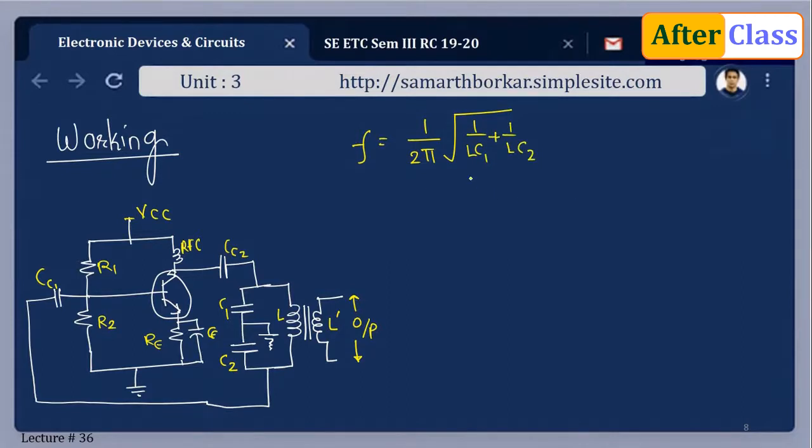Now the oscillations across capacitor C2 are applied to the base emitter junction and appear in the amplified form in the collector circuit. So the voltage across this capacitor C2, with respect to ground, will appear across the base, and this signal will be amplified, and the amplified signal will be available at the collector.